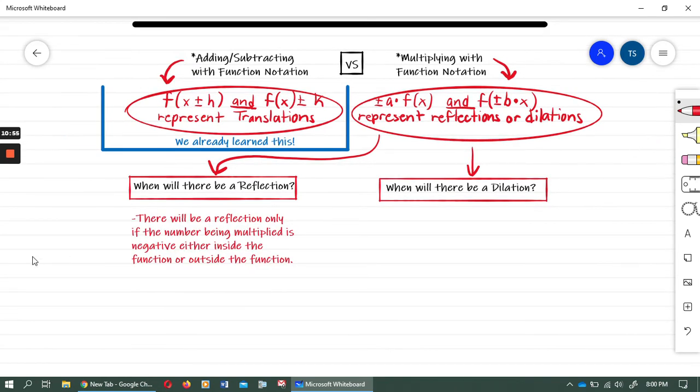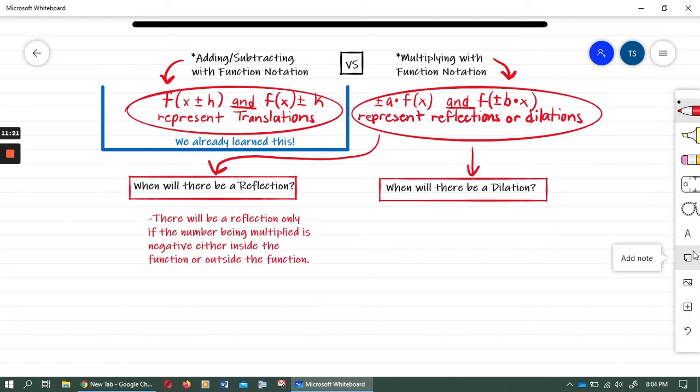It could be inside the function, like what you see here with this b times x, or outside the function, like what you see here with this a times f of x. All right, so that's when there will be a reflection.